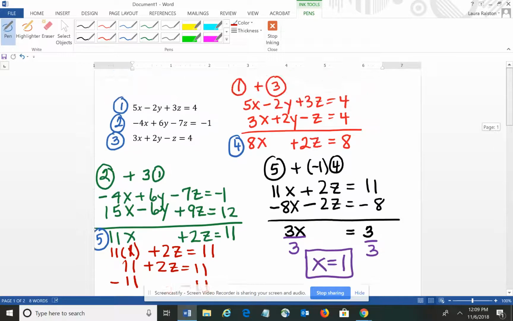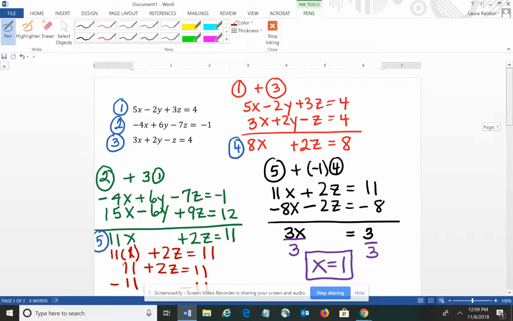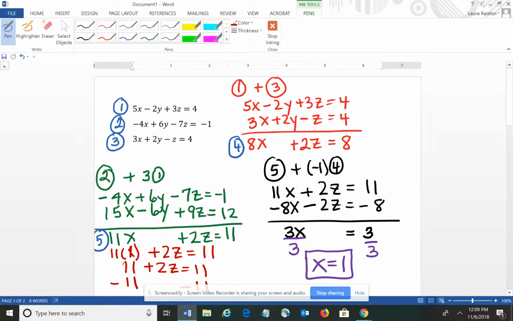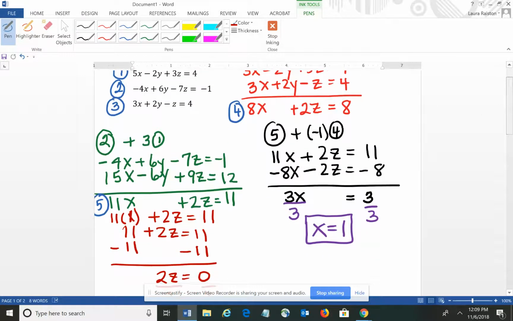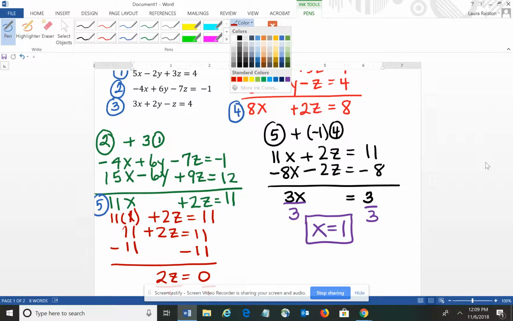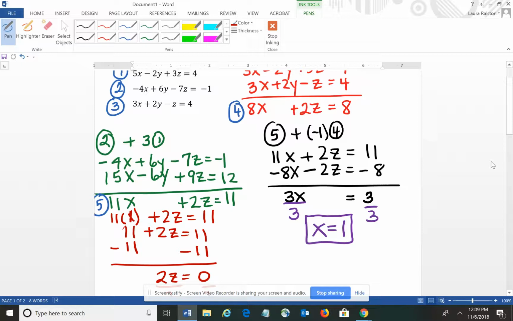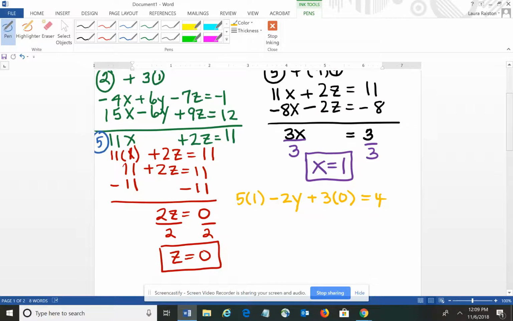So I now know that x is 1 and z is 0. And I'm going to go back to equation 1 and substitute those values for x and z into it to get the value for y. So I have 5 times 1 minus 2y plus 3 times 0 equals 4. And I've got to solve that particular equation for y.